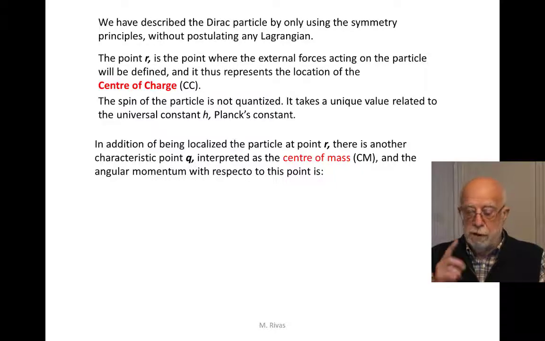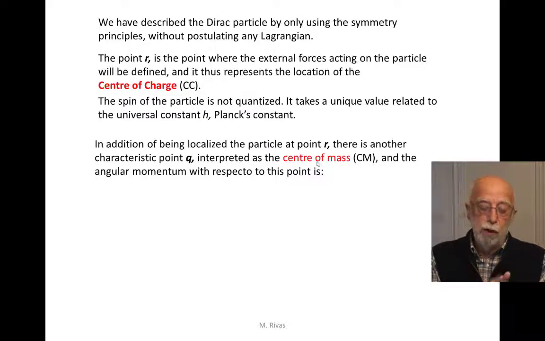But this particle, which is localized at the point r, has another characteristic point, Q, which is interpreted as the center of mass. So if we have an object with two characteristic points and we have the angular momentum with respect to one, we can compute the angular momentum with respect to the other.